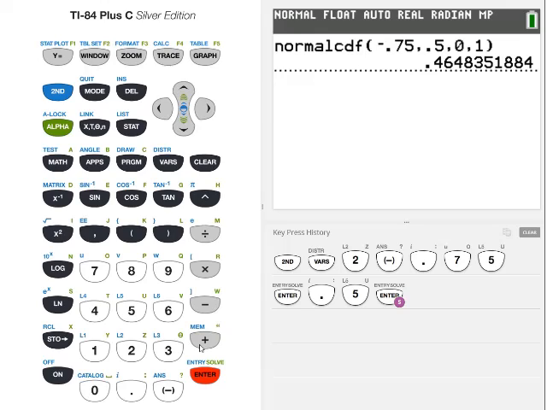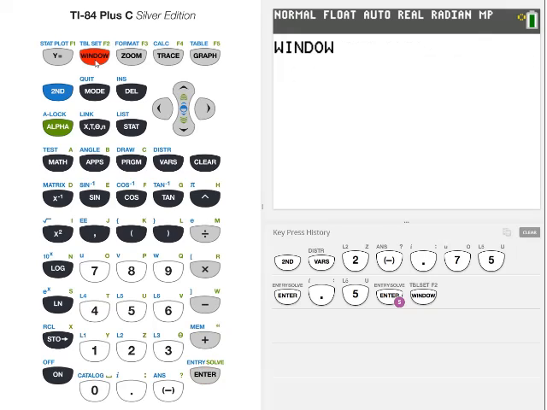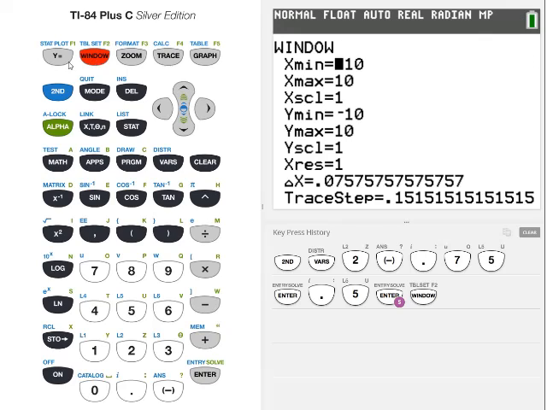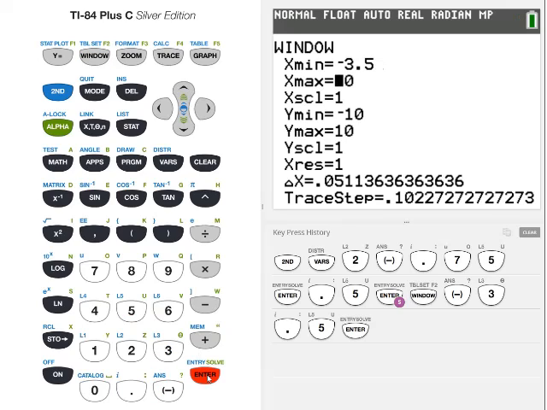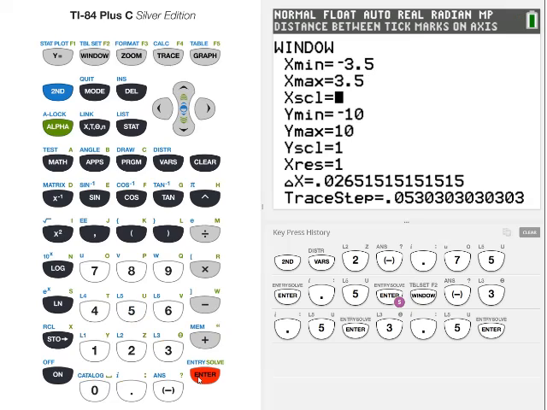If you'd like to see what that looks like on the graph of the distribution, we can do that. But before we do, push the window button to go in and edit these settings. To get a good picture of the normal distribution, I recommend using an x minimum value of negative 3.5, an x maximum value of 3.5, and a scale of 1 works.